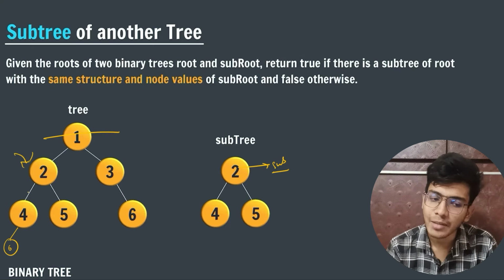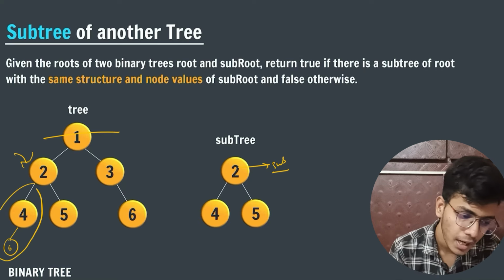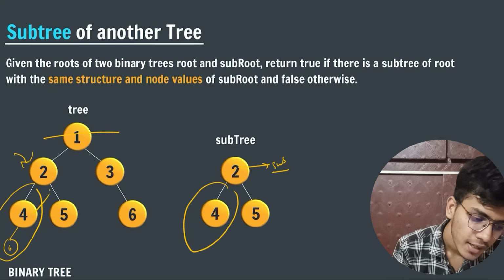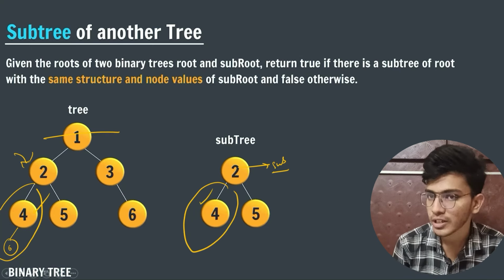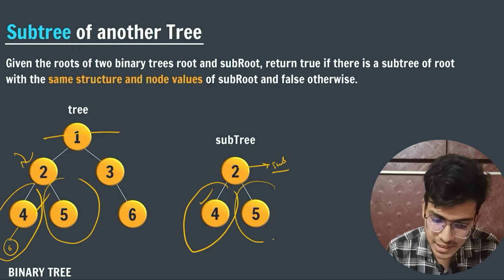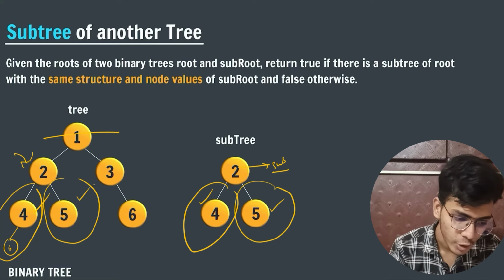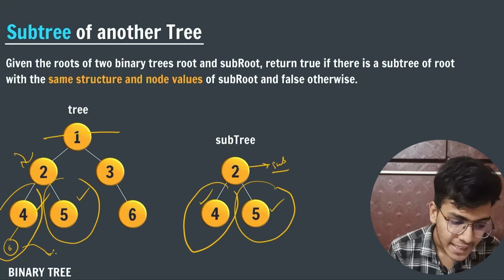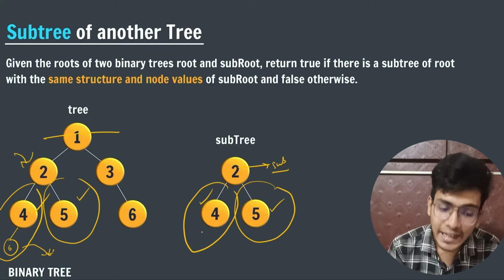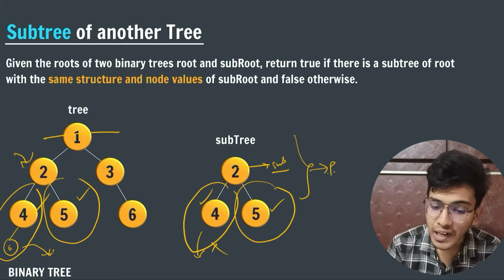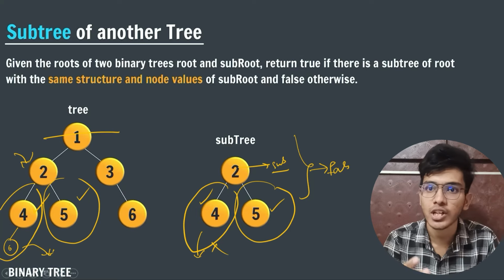After finding my subroot, I will see its left part and I will see this subtree's left part. Here you can see that the fourth node is correct. Fourth node I am having. After that, here on the right side I am having this fifth node. But the difference is that on the left part there is an extra node in my main tree, and in the subtree I don't have any extra node. So this will return me false because the structure is different.